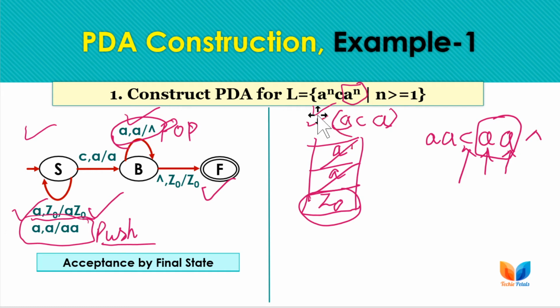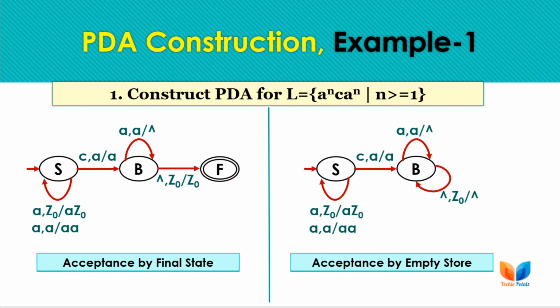So here we are changing the state from S to B, and once we reach the end of the string, the string is null and the stack top is Z0, we keep the stack top the same and move to the final state F. This was the case for acceptance by final state, and the same question can also be done for acceptance by empty stack. You can solve any question by either acceptance criterion depending on the question statement.